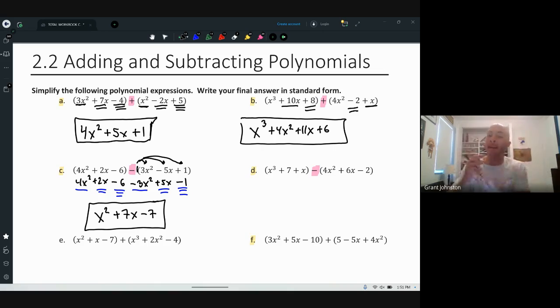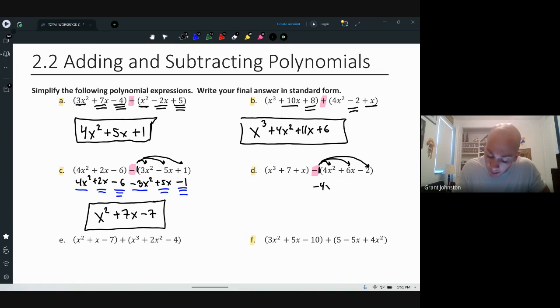I'm just combining like terms, in other words, adding their like terms. Again, with subtraction, I like to distribute a -1 first and then combine my like terms, making it an addition problem. I'm going to do the same thing with D. I'm going to distribute a -1 since I'm subtracting that quantity.